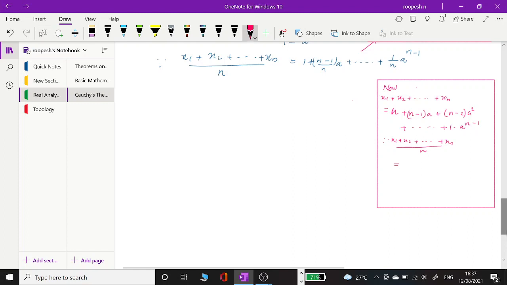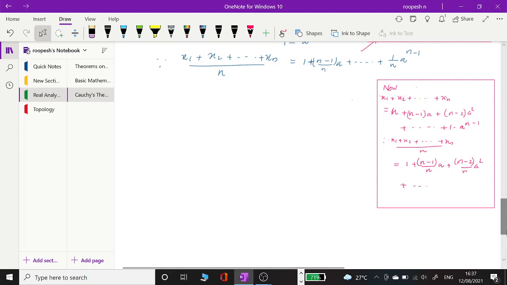I should divide everything by n. So n by n is 1, plus n minus 1 by n into a, plus n minus 2 by n into a square, right?